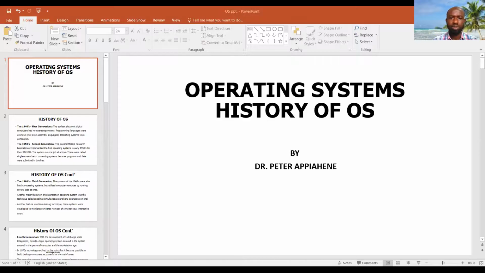A typical example of a software component of the computer is the operating system. So today we are going to look at the operating system as an example of a system software. So as usual, I'm going to share my screen with you so that we can continue.